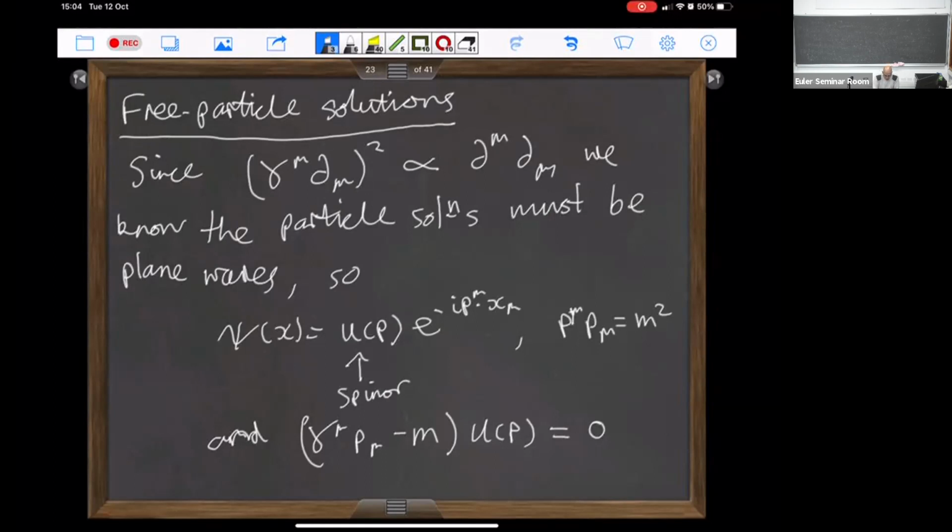So u is a Dirac spinor, which depends only on the momentum four-vector and obeys the momentum space Dirac equation.